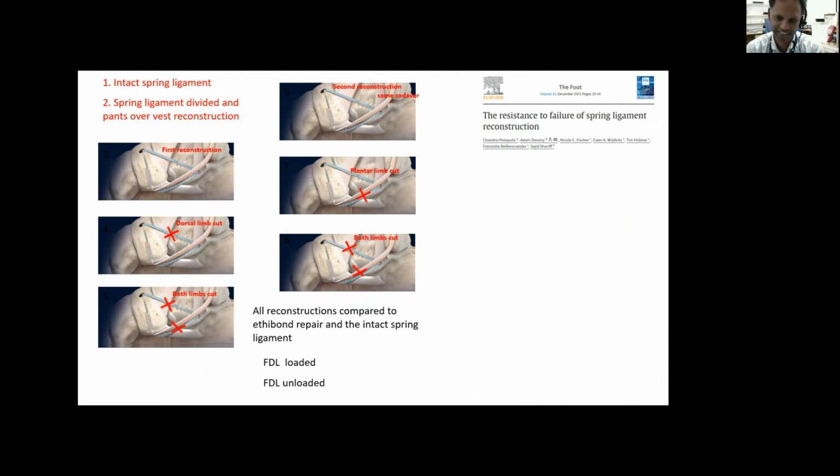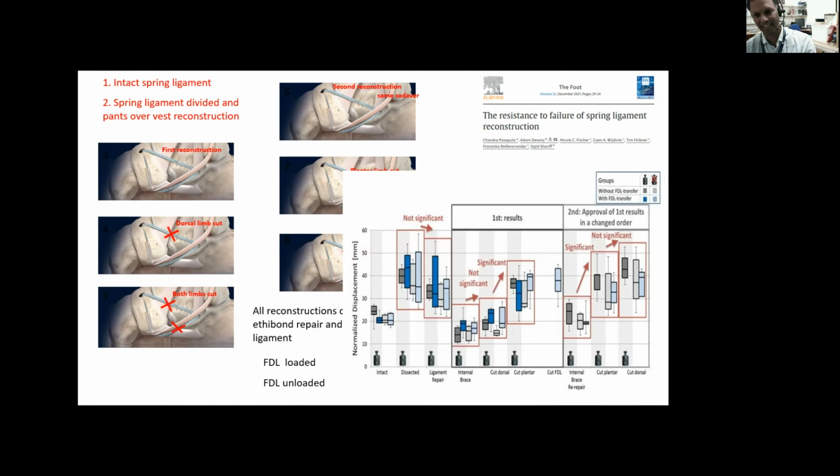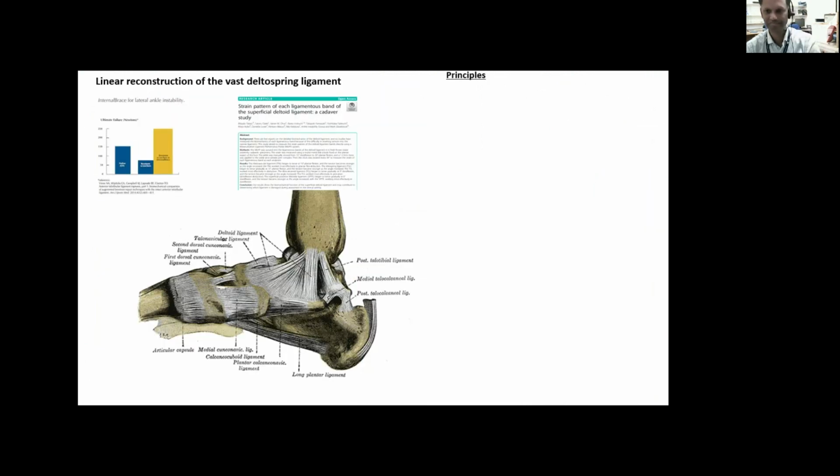And even if you think a repair is good, what you're trying to do is put back failed tissues onto itself. And what we found was that by sectioning that dorsal ligament, the plantar ligament was still able to preserve abduction plane laxity. But when you sectioned the plantar ligament with the dorsal intact, the dorsal limb had no effective resistance.